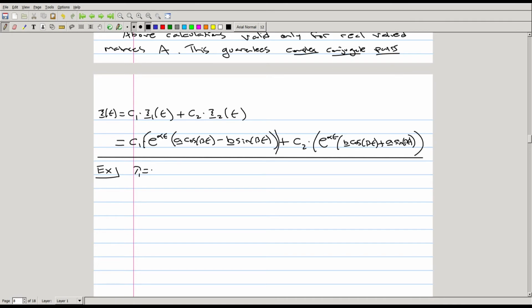Lambda 1 was negative 1/2 minus i, and lambda 2 was negative 1/2 plus i. This means that our alpha value is negative 1/2, and our beta value is just positive 1.